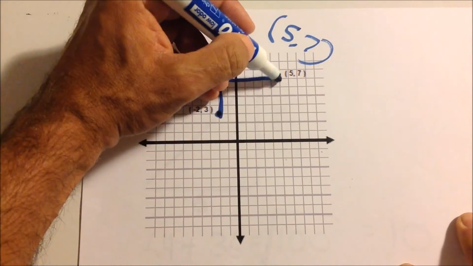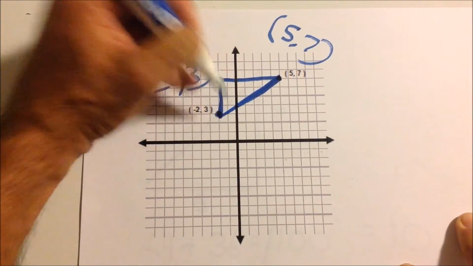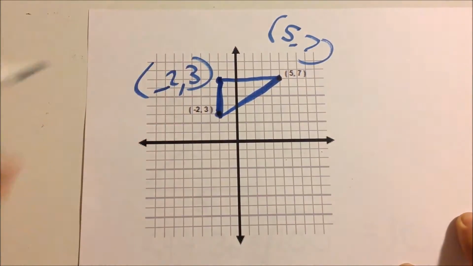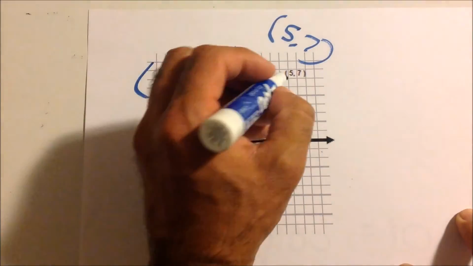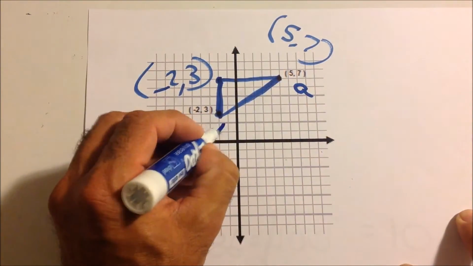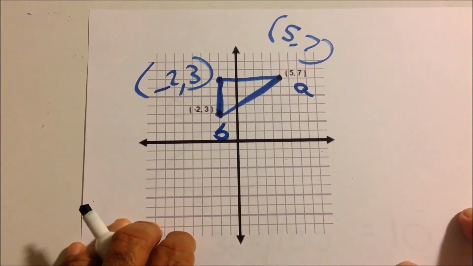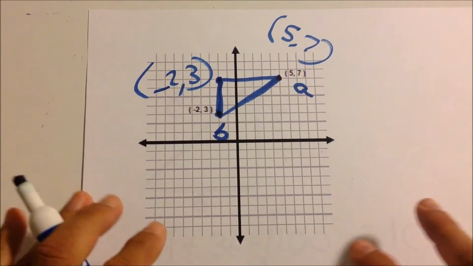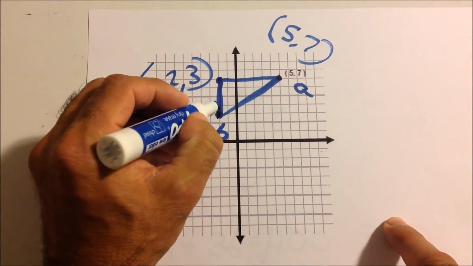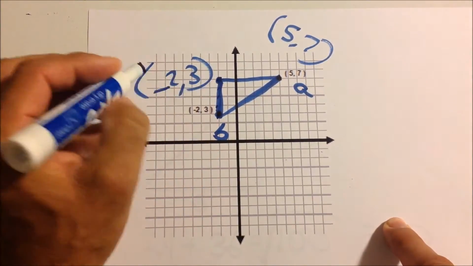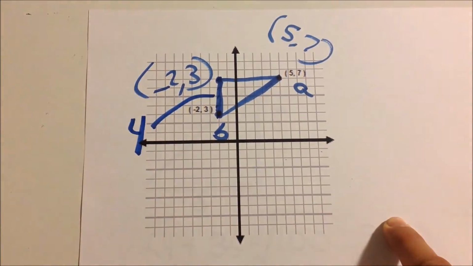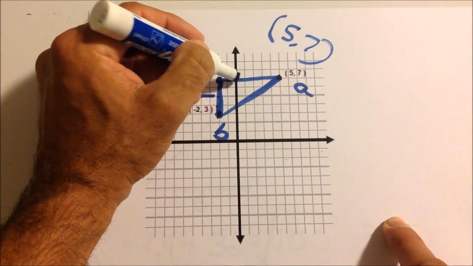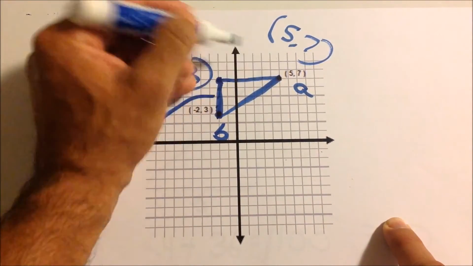Then we just need to find the hypotenuse, the diagonal, the distance between this point, which we'll call A, and that point, B. Try to do that. First we need the sides. From this point, we got 1, 2, 3, 4. That's a 4. And what about here? 1, 2, 3, 4, 5, 6, 7. That's a 7.